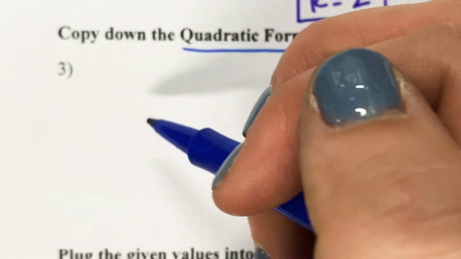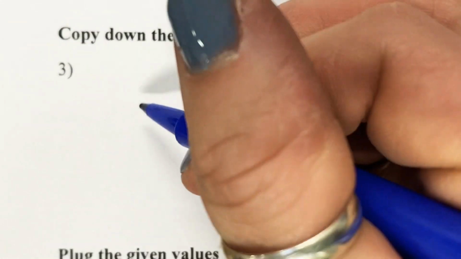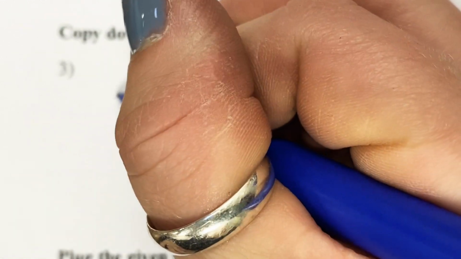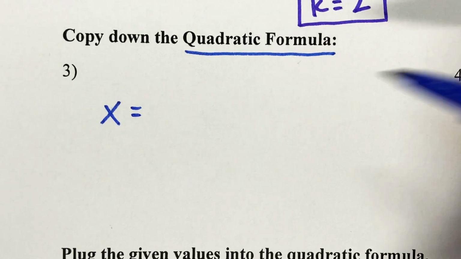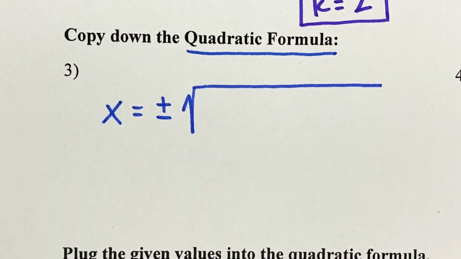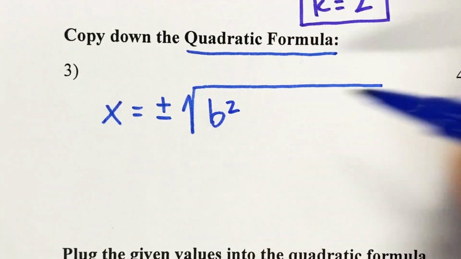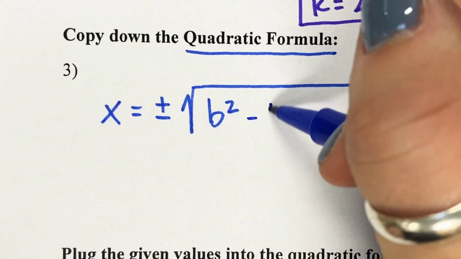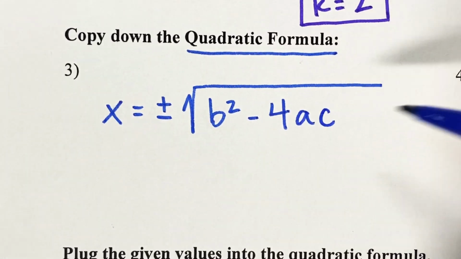So if you remember that really annoying song that I made you guys listen to on the video, we know that our quadratic formula is x is equal to plus or minus the square root of b squared minus 4 times a times c.